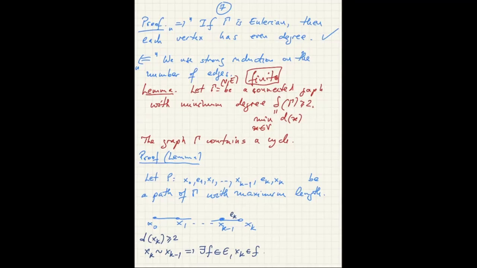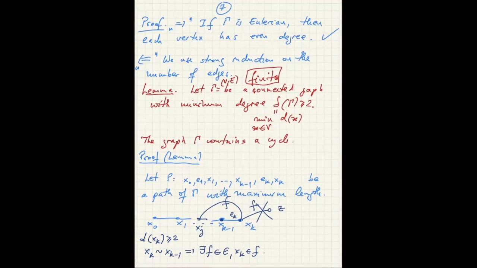Now, this edge cannot go outside towards a vertex z which is not in the list of the previous vertices, because in that case we would create a path that is longer than the path of largest length. So this situation cannot happen. So f has to connect xk with one of the previous vertices xj. It could even be xk minus 1, if you want.